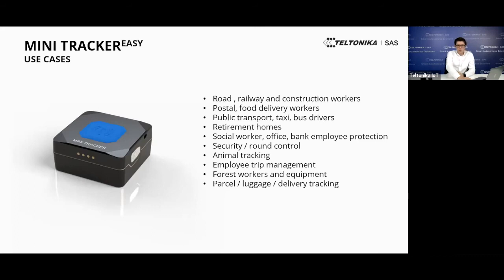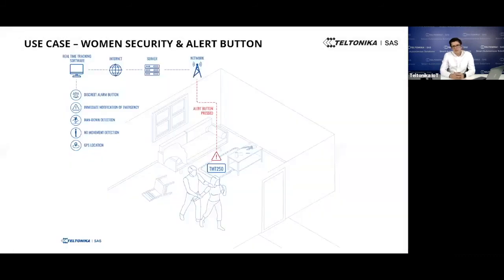Okay, so one of the first use cases is a woman security and alert button. It's a sensitive use case, and in most countries this is a huge problem of harassment at home. During the COVID situation it is even rapidly growing.